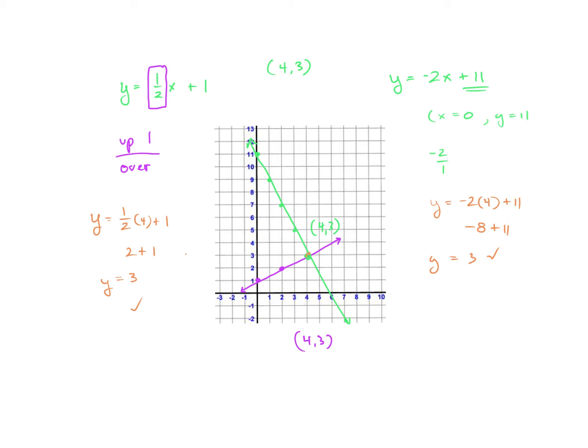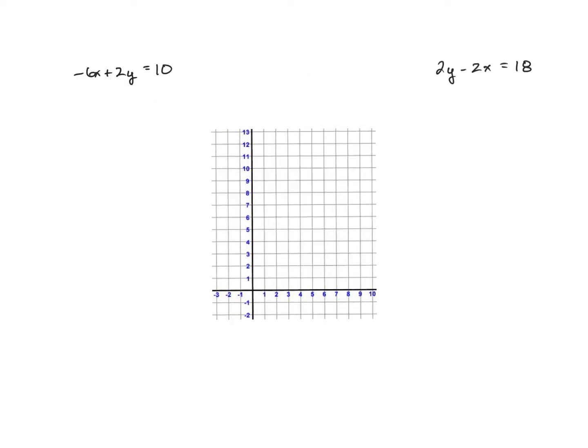So here's a way of solving a system of equations by using the information given in the y equals mx plus b form, seeing if we can derive an intersection of those two lines, and then coming up with a solution for both, where x equaling 4 will result in a 3 for each.